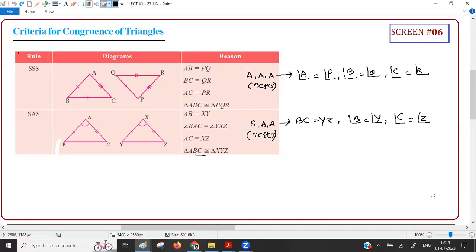Then we have seen that if this angle is equal and this side is equal, this side is equal, if these three are fixed, this is automatically fixed. The length of these two sides and the angle, everything is fixed.